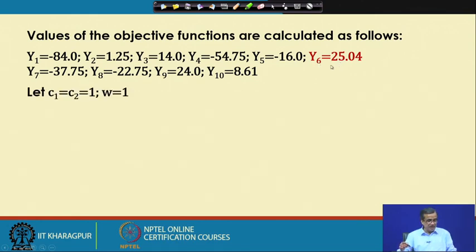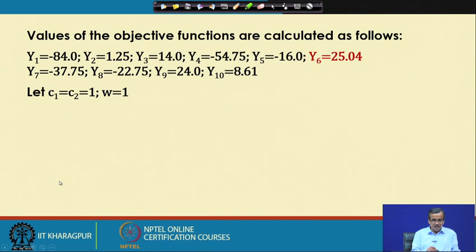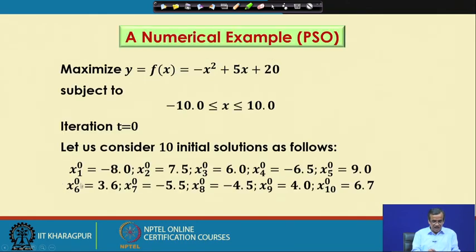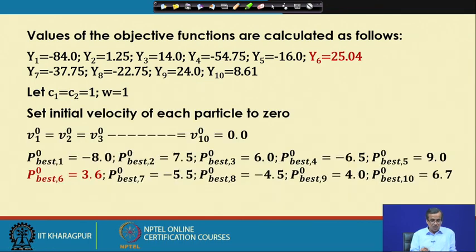It is coming corresponding to, if you see the last slide, x6(0), that is equal to 3.6. So, I am getting the best solution. That means in this particular swarm, pbest6(0) will be the locally best.